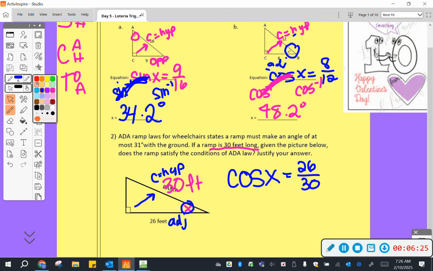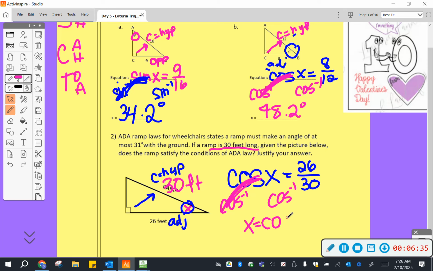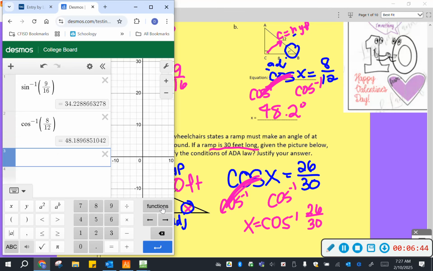And if x is the angle, how do I get x by itself? I am going to inverse. So put this in the calculator. What is the inverse cosine of 26 over 30?